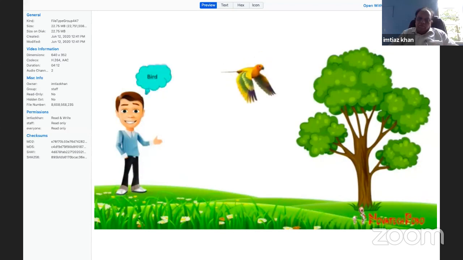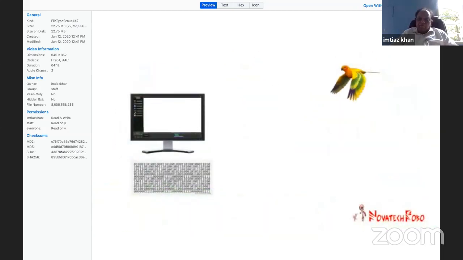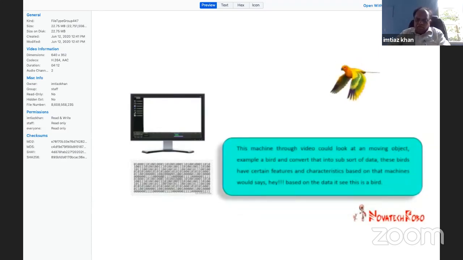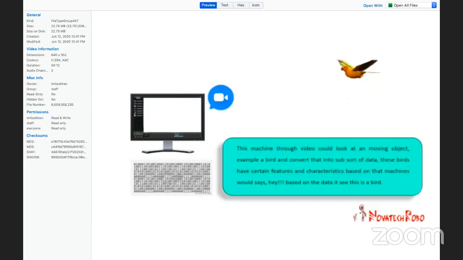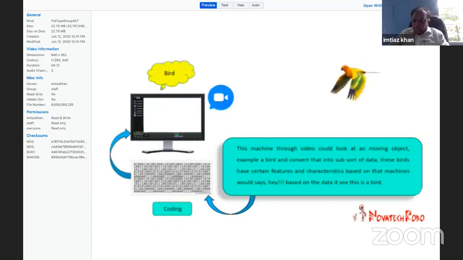Look at this picture. A human can see the bird flying, but it is not as simple for a machine to do. This machine, through video, could look at a moving object, in this case a bird, and convert that into some sort of data. These birds have certain features and characteristics, and based on that the machine would say, hey, based on the data I see, this is a bird.